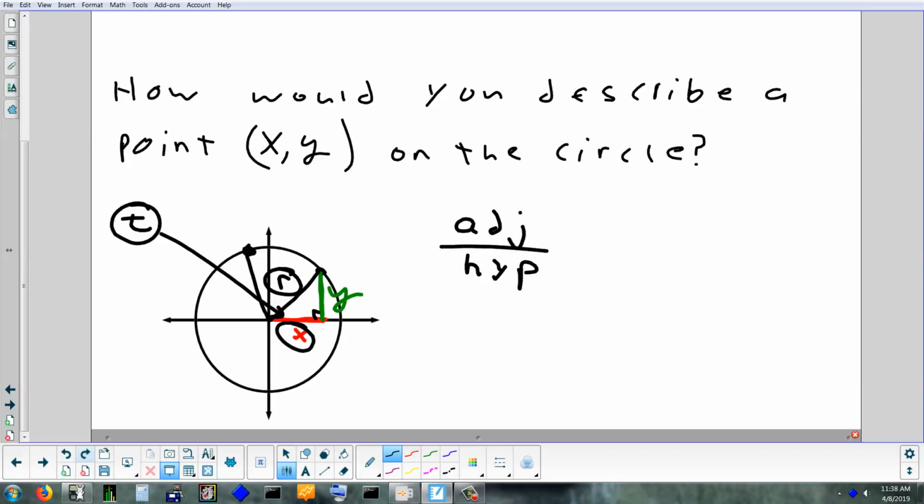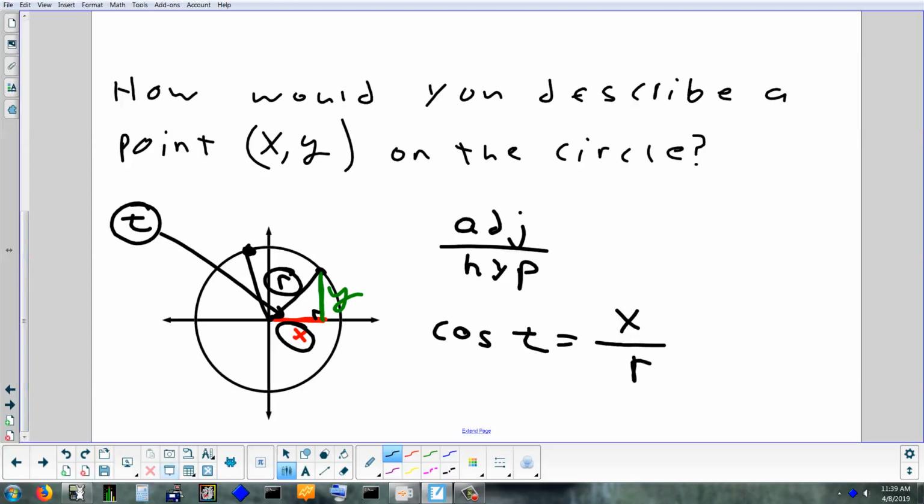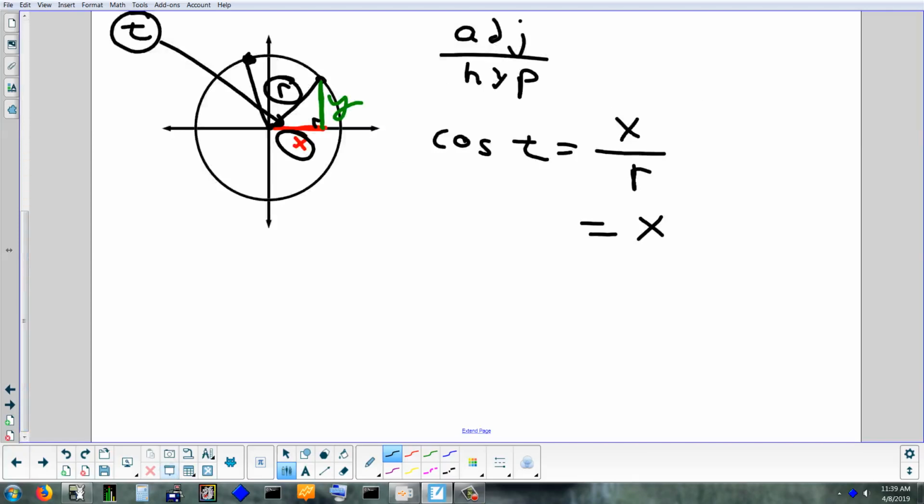Maybe you think, oh crap. But no, you should think cosine, right? Adjacent over hypotenuse. So let's set that up. Cosine of my angle equals, and Jake just told us, adjacent was X, hypotenuse was R. Now, get X by itself, and you have one of the two parametric equations. What would X equal? R cosine T. R cosine T.